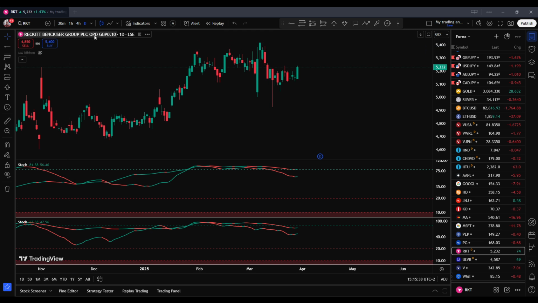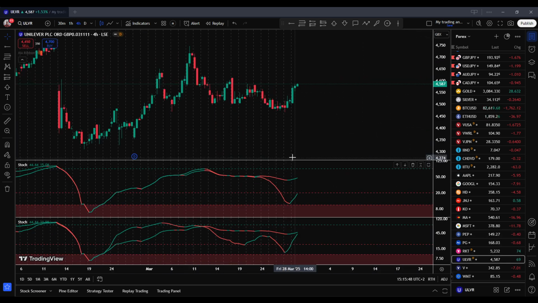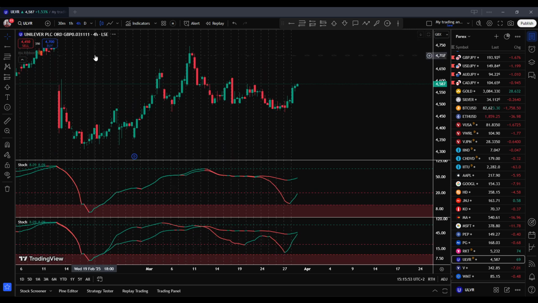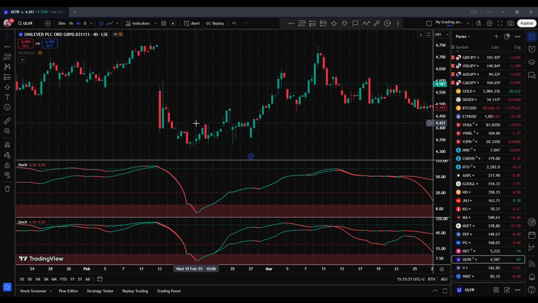Reckitt Benckiser, still in very strong uptrend from the daily and from the 4-hour. Unilever, same story, here on the daily and 4-hour. For Unilever, we've got a good buy signal here from Wednesday 19th of February. I missed this investing.